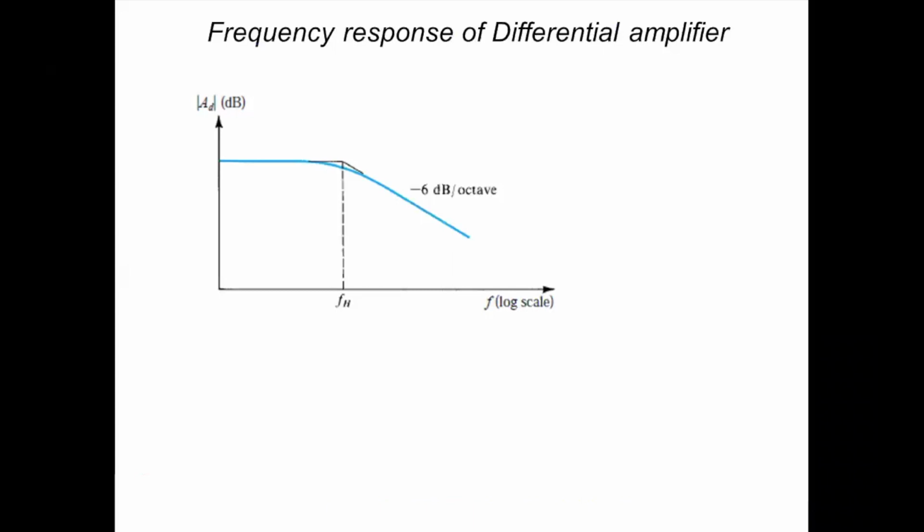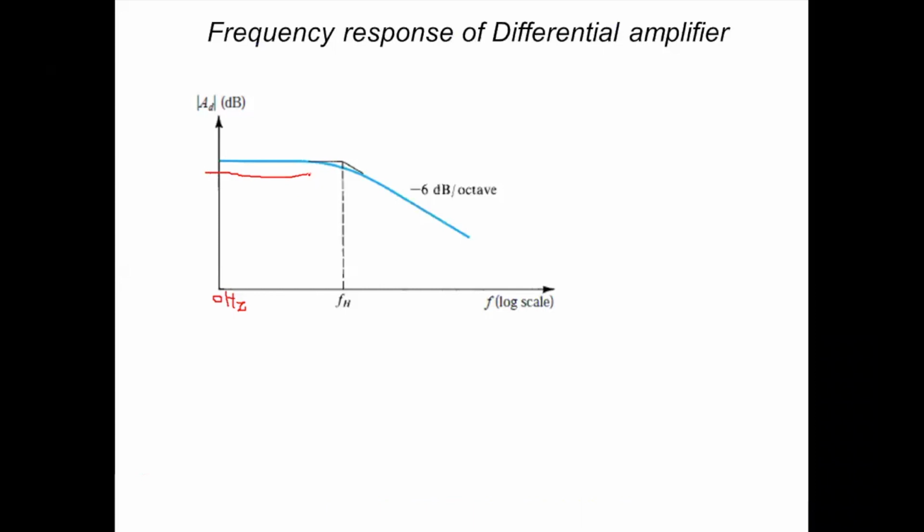The gain is almost constant from low frequencies, even from 0 hertz. So you can say that the differential amplifier is capable of amplifying even a DC signal, or a signal with a frequency as low as 0 Hz. So the gain is constant in these regions.